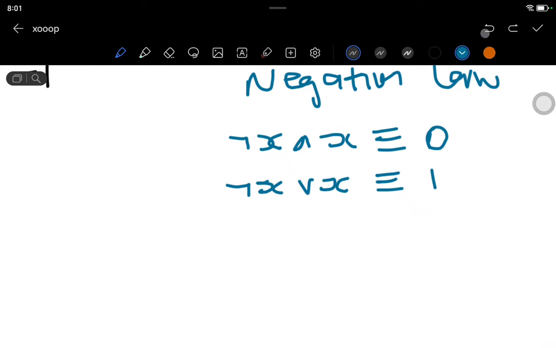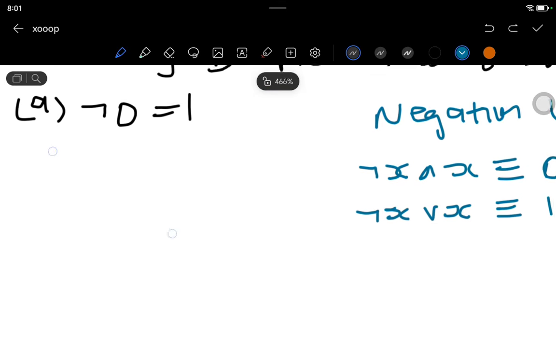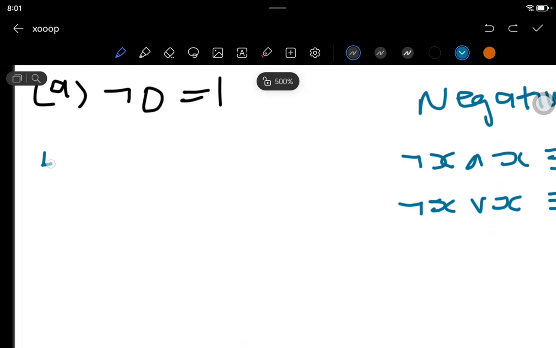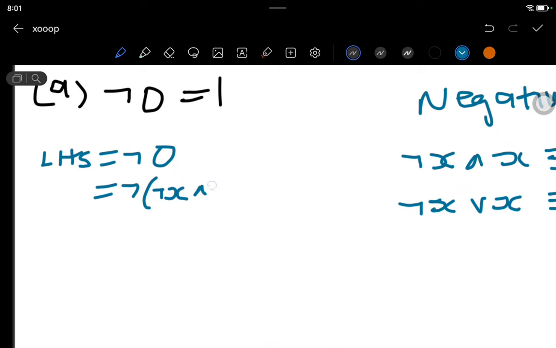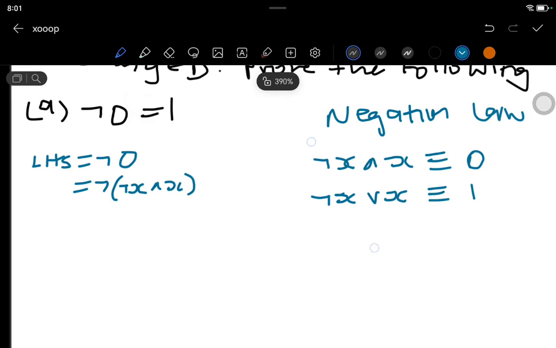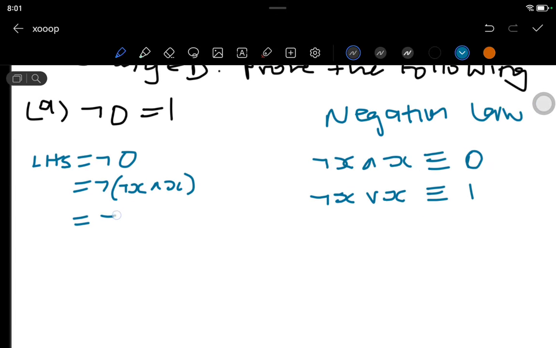So for us to prove this, we're going to take the left-hand side, which is this, and we know according to the negation law that this is the same thing as this. And if we apply De Morgan's law, this one of having a negation outside and applying it inside the brackets, it's called De Morgan's law.